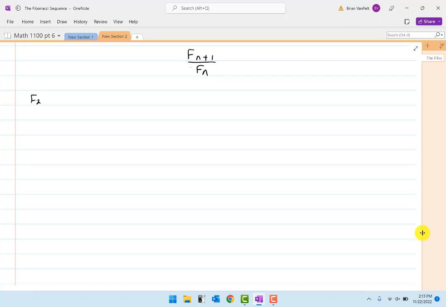If I look at F2 divided by F1, that's 1 over 1, which equals 1. And then if I do F3 over F2, I'll get 2 over 1, and that's equal to 2. Then F4 over F3, that equals 3 over 2, which is 1.5.